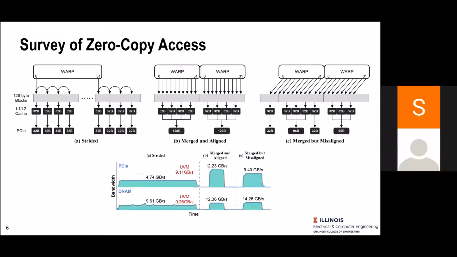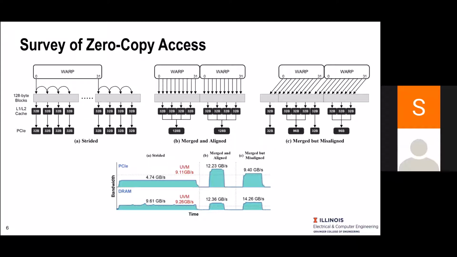Because each PCI request requires some header information, this increases the portion of the header, and the efficiency of the PCI request dramatically goes down. As you can see in the diagram at the bottom, the PCI bandwidth in this case is only about 4.74 gigabytes per second.